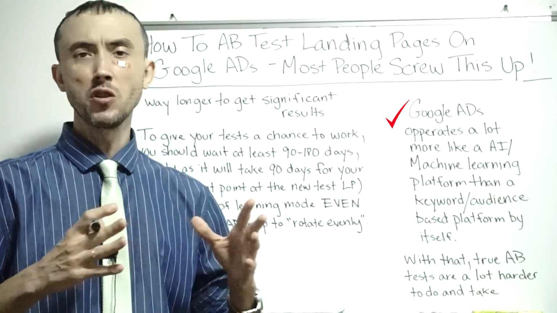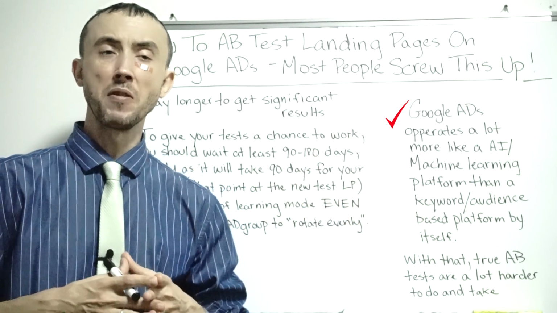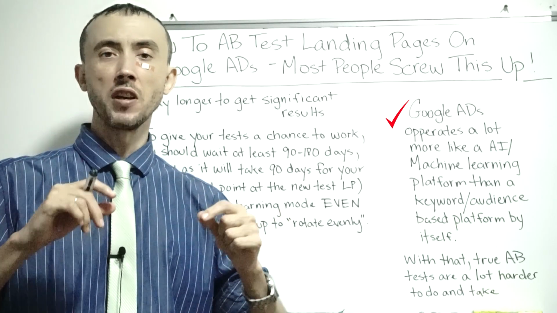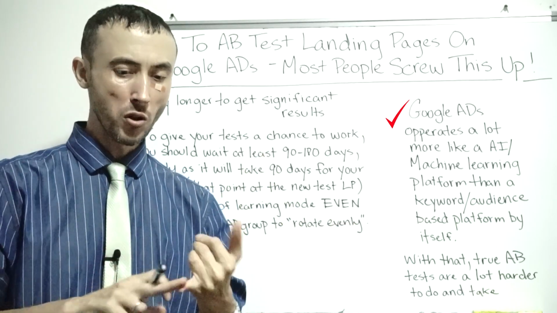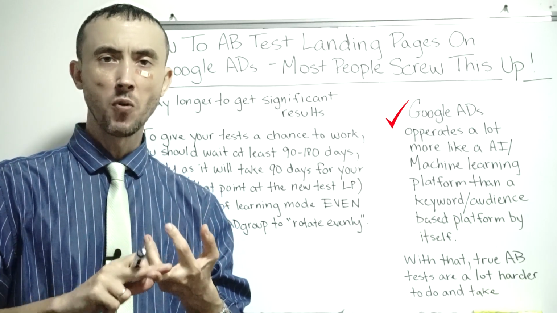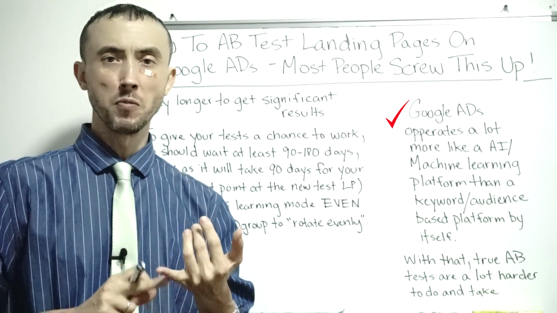So just because you show up for or bid on red shoes doesn't mean you're going to necessarily show up every time. And actually, that's not been the case for a while. What they're doing is looking at all the people who search for red shoes, the traits they have, how old they are, what's their income, what have they searched before, have they clicked on other ads before, have they been to your competitors' pages before.